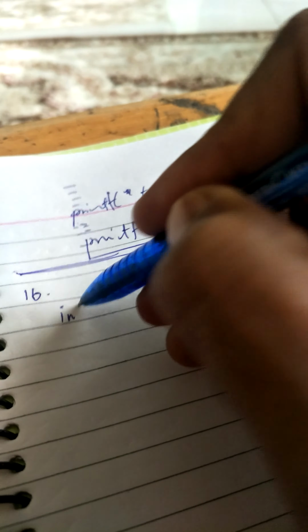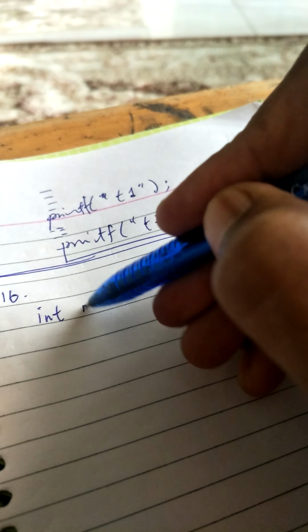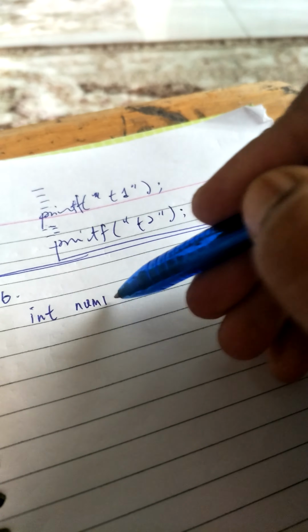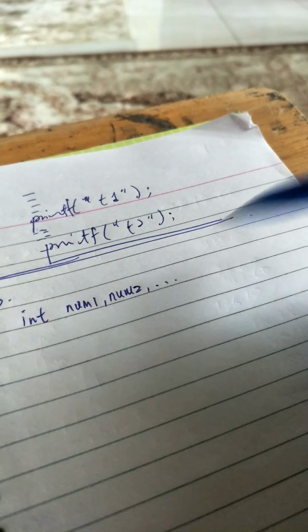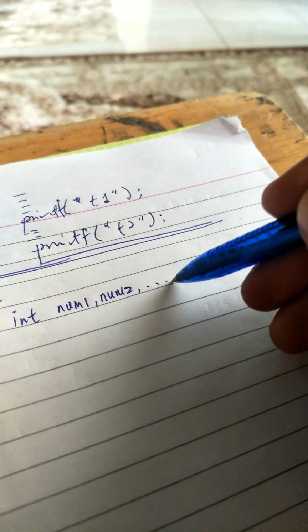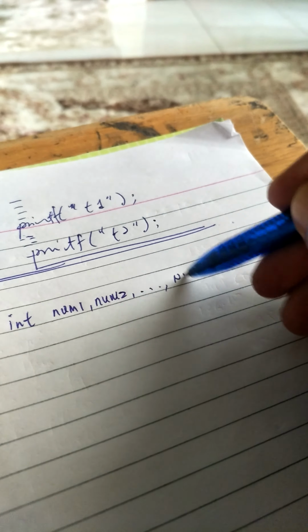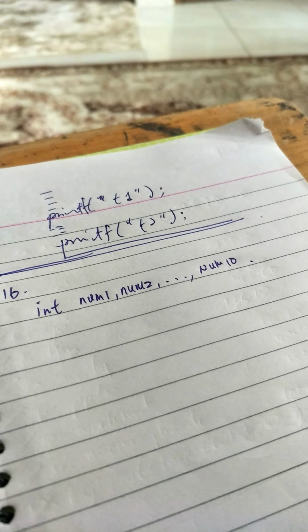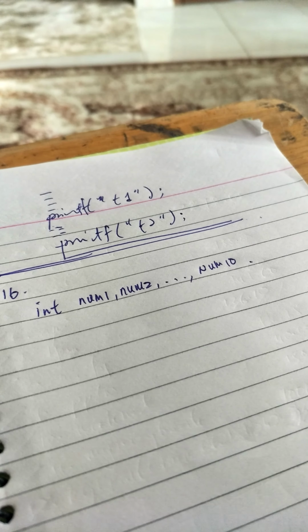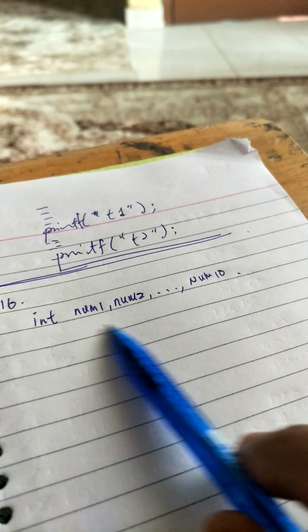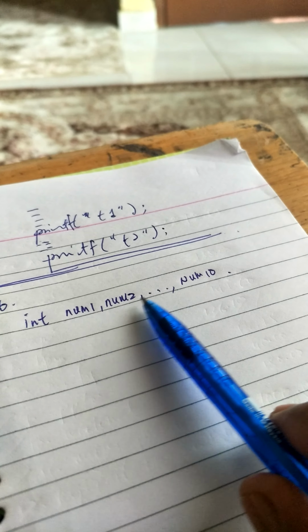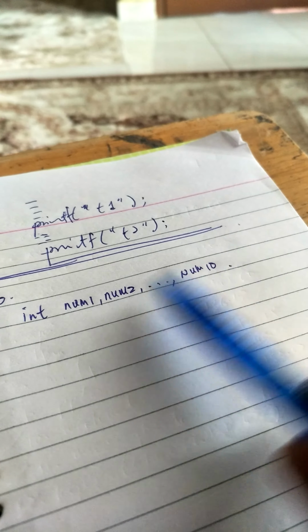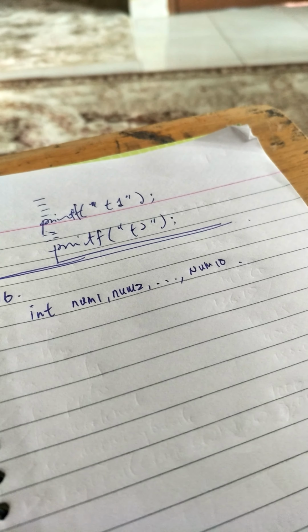If you have, for example, integer variables num1, num2, and so on, up to whatever number you want, say num10, you have to declare them one by one. So we have 10 variables here, from num1, num2, 3, 4, 5, 6, 7, up to 10.